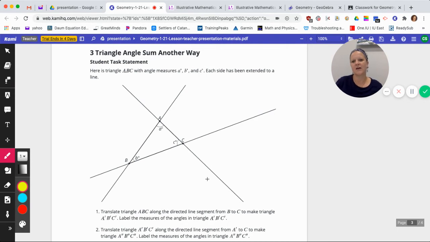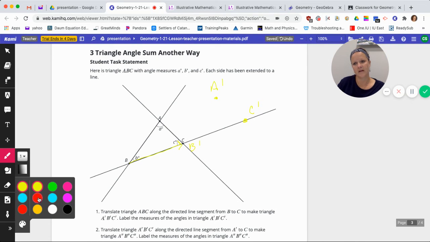So translate triangle ABC along the directed line segment from B to C. So we're directing it along here. That means that this would become B prime, C prime, and approximately A prime.